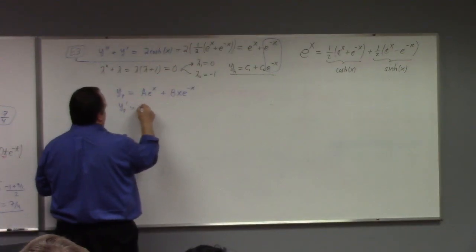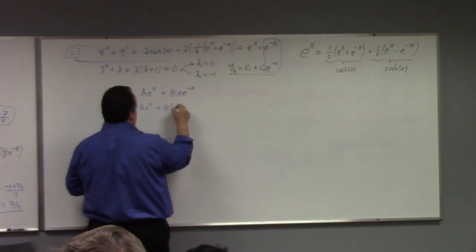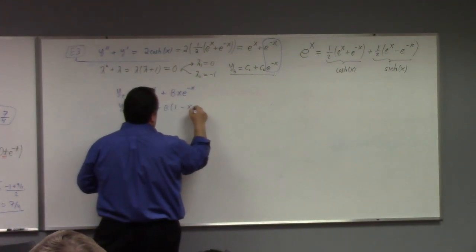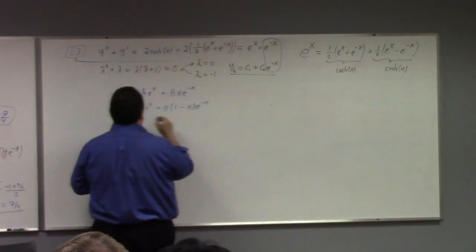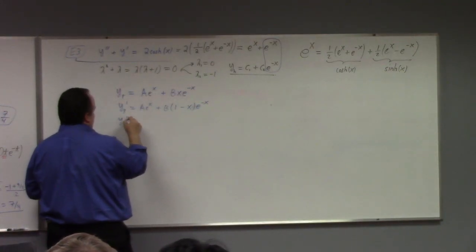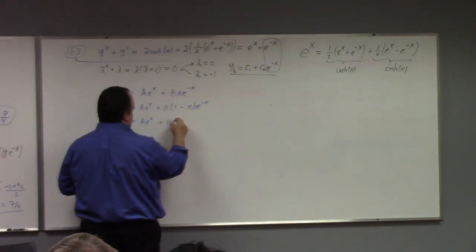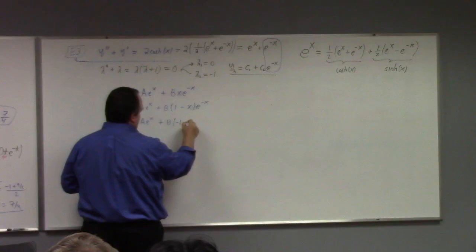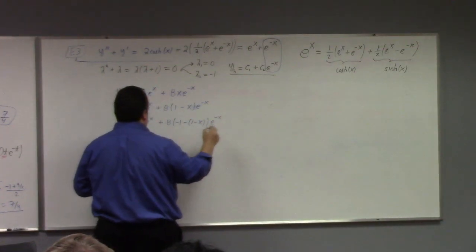Yp prime is a e to the x plus b times (1 minus x) e to the minus x. Yp prime prime is a e to the x plus b times (minus 1 minus x) e to the minus x, which I can clean up a bit.